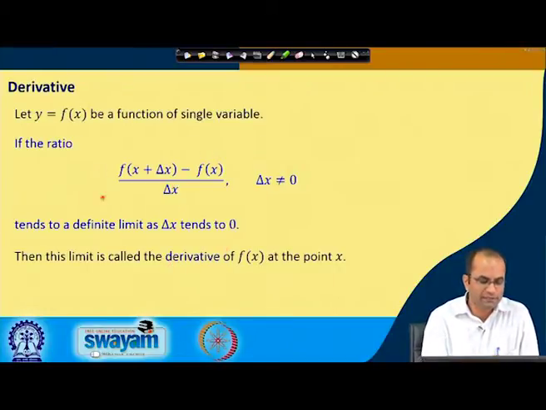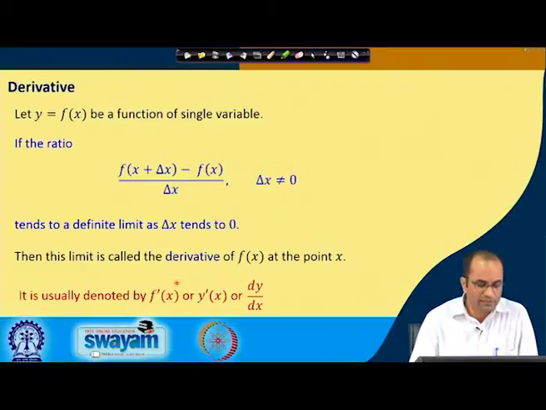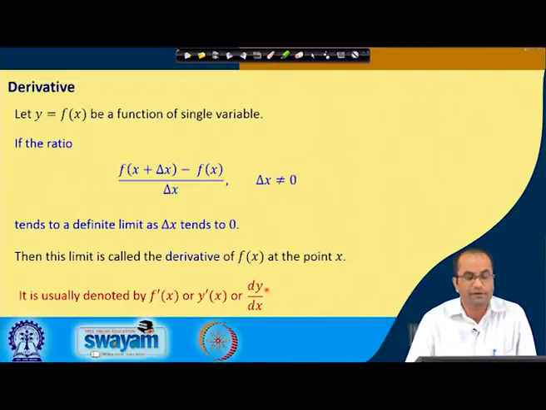So, when we take the limit as Δx goes to 0, if this limit exists, we call this value the derivative of the function f(x), and it is usually denoted by f'(x), or sometimes y'(x) or dy/dx.